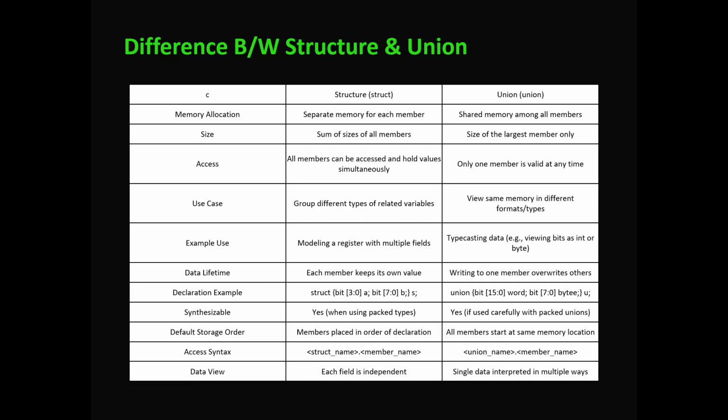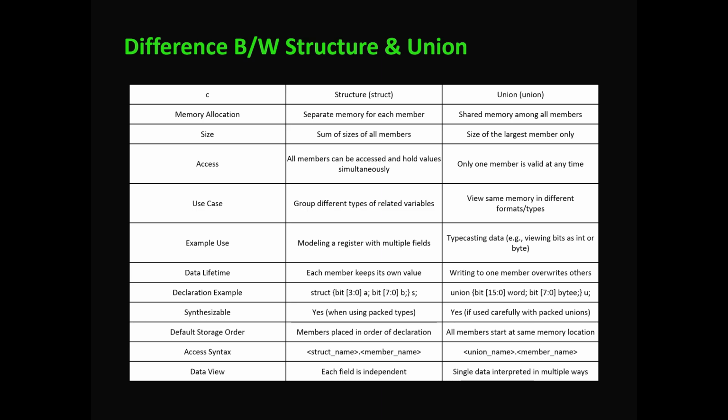So in terms of memory allocation, each variable in a structure gets its own individual memory location, whereas a union shares a common memory location. Now size. The size of a structure is the sum of the sizes of each data type, whereas the size of a union is the size of the largest member only. Now accessibility.